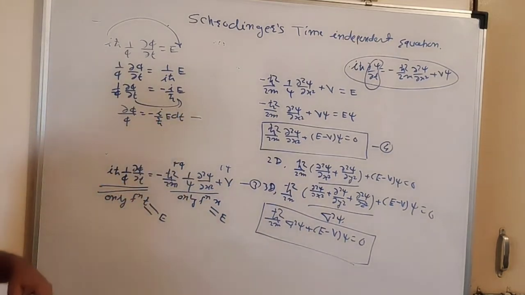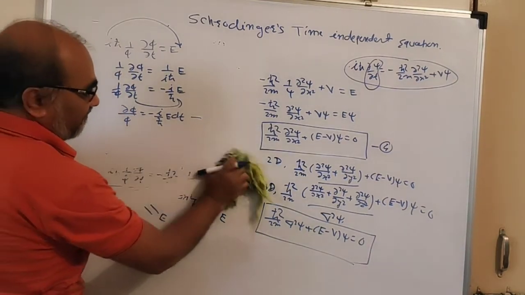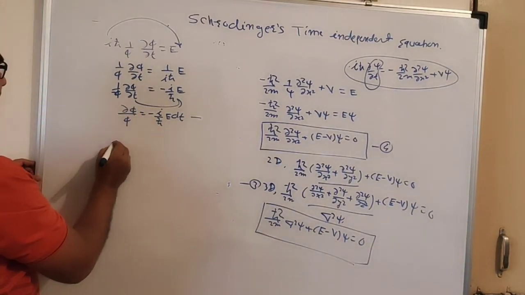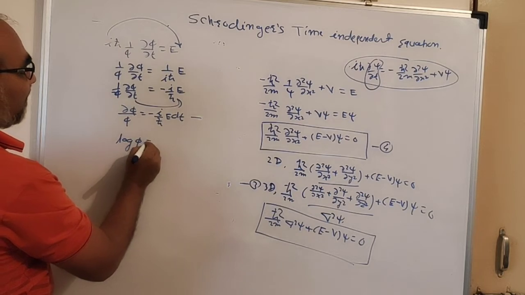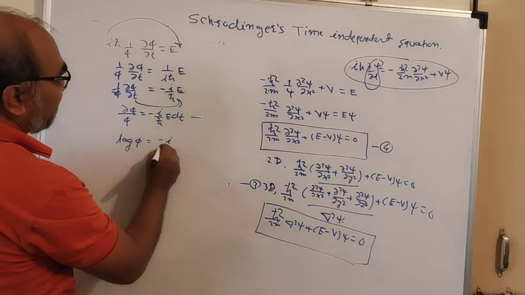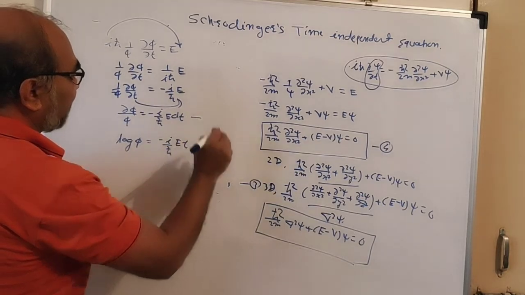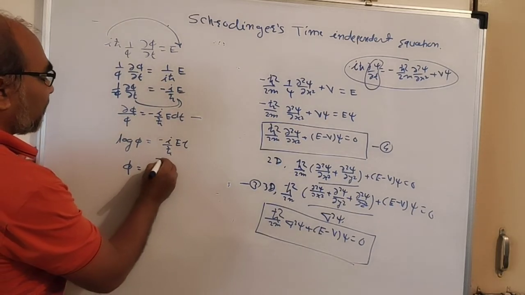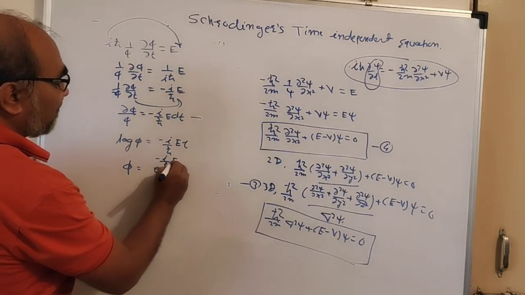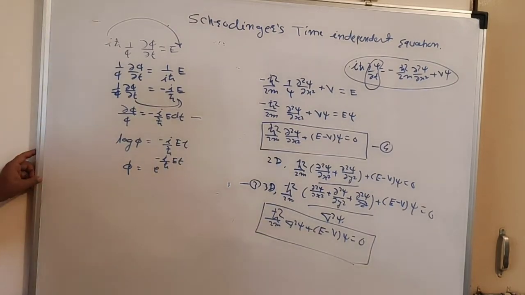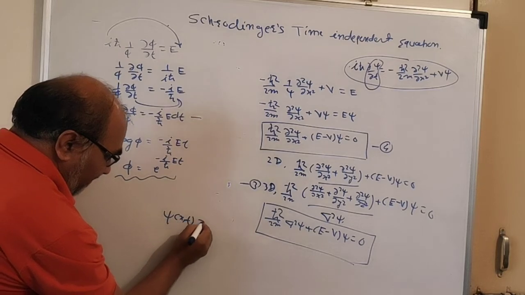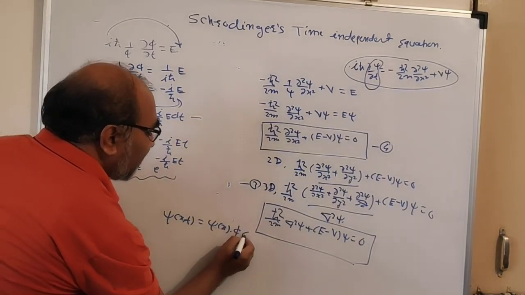By integrating this equation, we get log phi is equal to minus i by h cross E t. Integration of dt is t, and therefore phi is equal to e raised to minus i by h cross E t. Now originally we have seen that psi of x,t is equal to psi of x and phi of t.